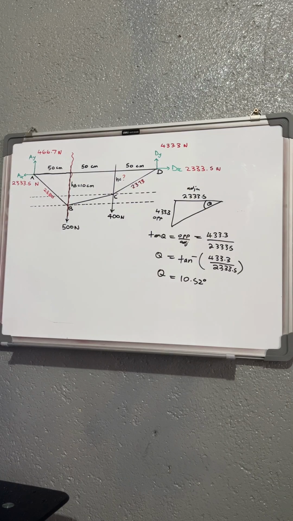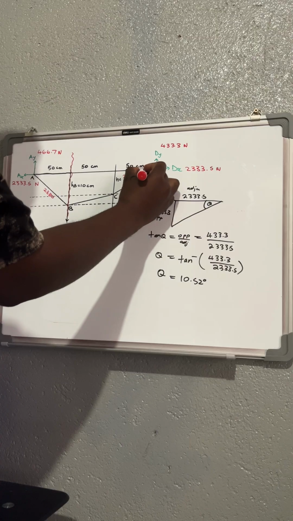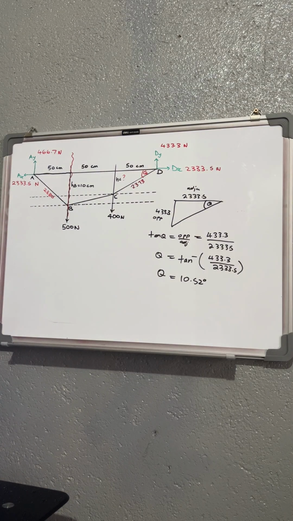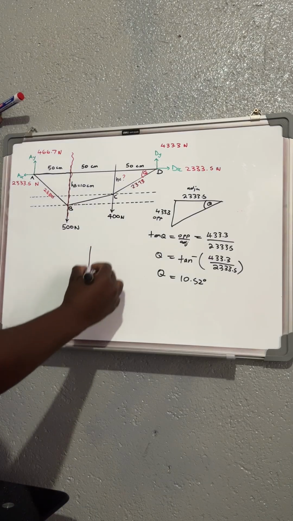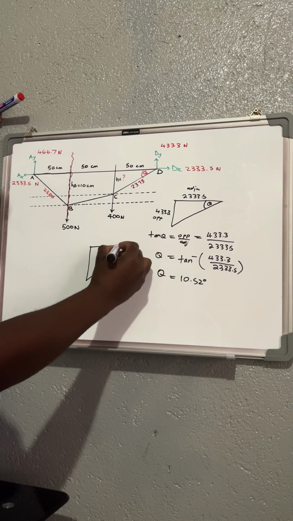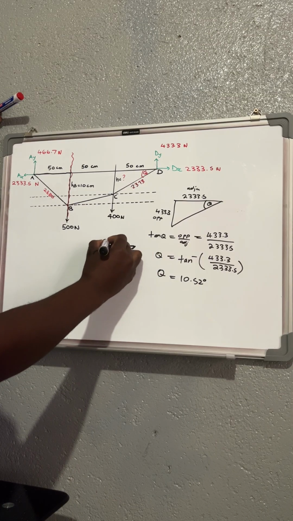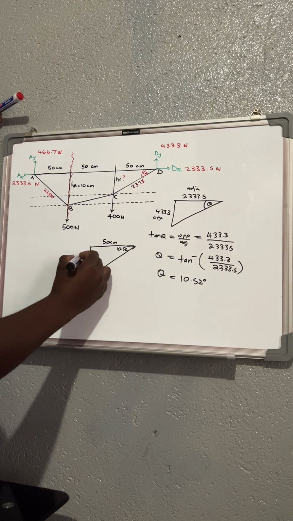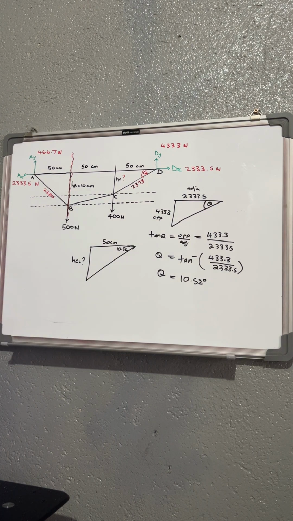Okay, since I have this angle here, it means now I can come again to the very same triangle and say I have something that looks like this. I have that 10.52. This side I have my 50 centimeter. Then this side is the HC that is unknown.